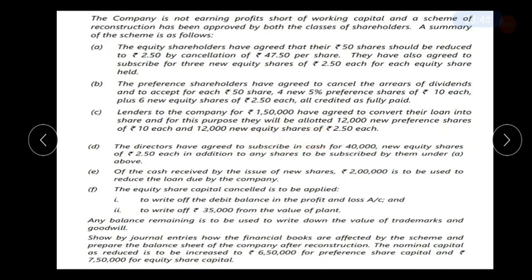Lenders means they may be debenture holders or loan given by a bank. For this 1,50,000 they are not going to get cash. It means that we are repaying this 1,50,000 by issuing preference shares and equity shares: 12,000 rupees 10 preference shares and 12,000 rupees 2.50 equity shares.